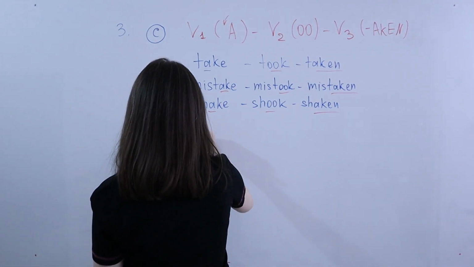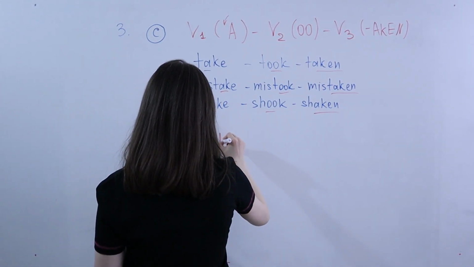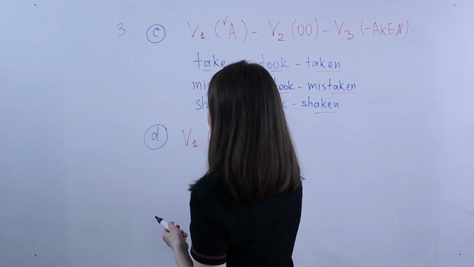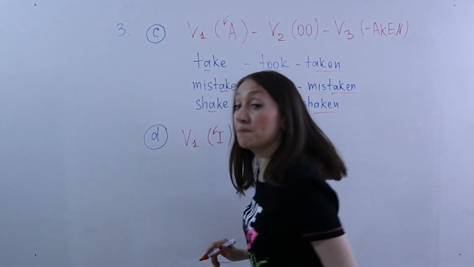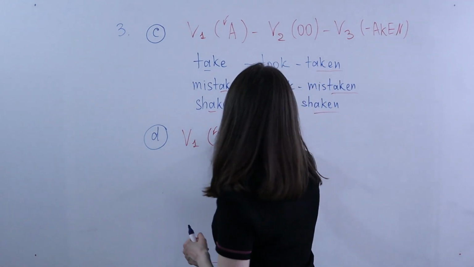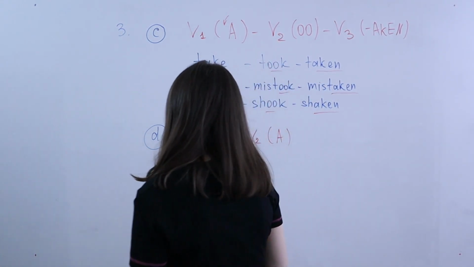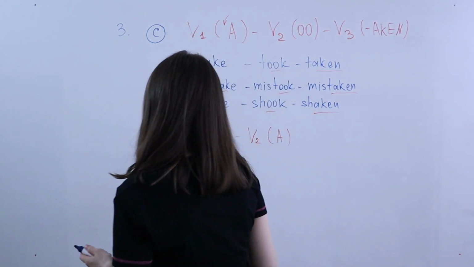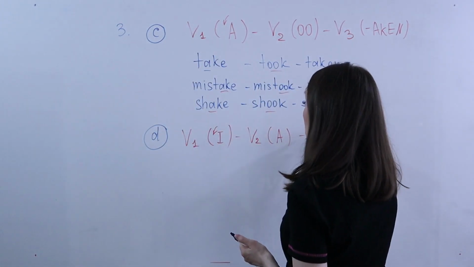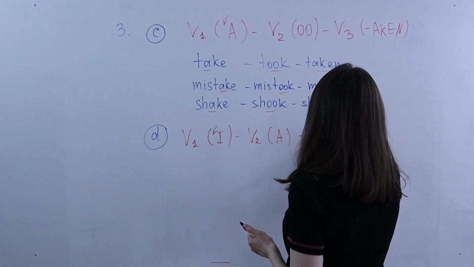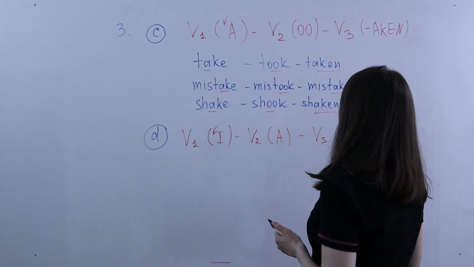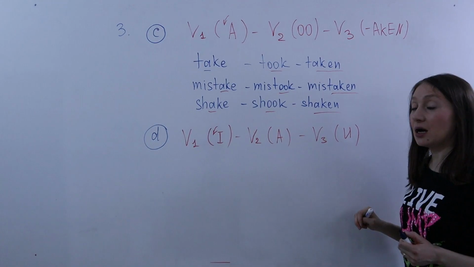In the main verb, we have letter I, which is stressed. And in past simple, it changes into letter A. And in verb 3, we have letter U, but we pronounce it like A.